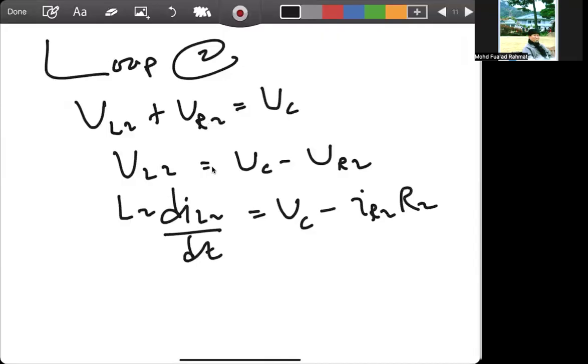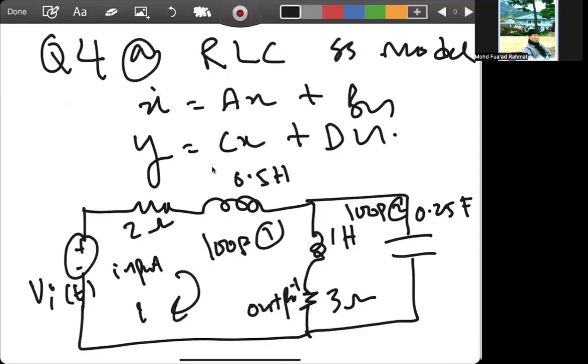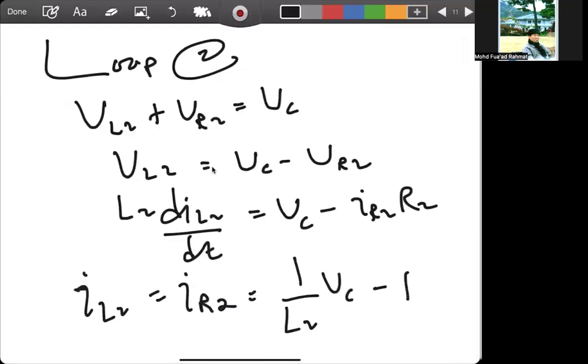Okay. That is the current through the loop 2. Then we manipulate these equations. dIL2 dt is equal to 1 over L2 VC minus R2 over L2 IL2.